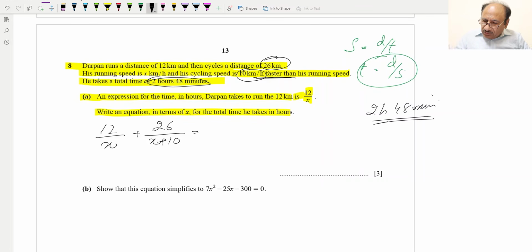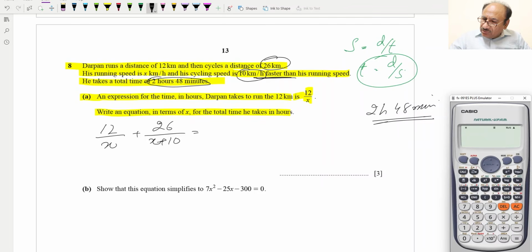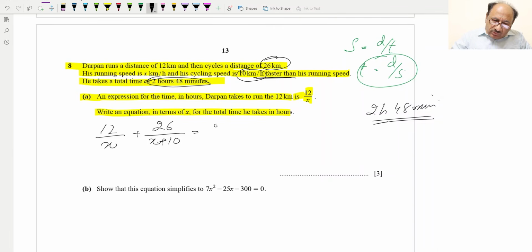Now 2 hours and 48 minutes, how easily can you convert into decimal? You can just use your calculator. Type 2 hours and 48 minutes, press equal to, and then press decimal. This will be 2.8.